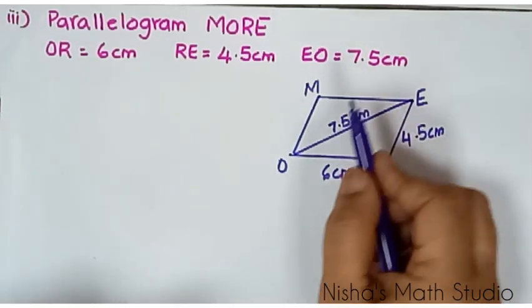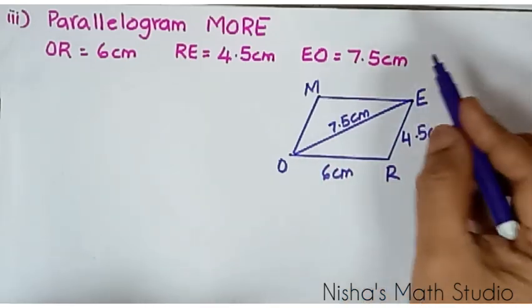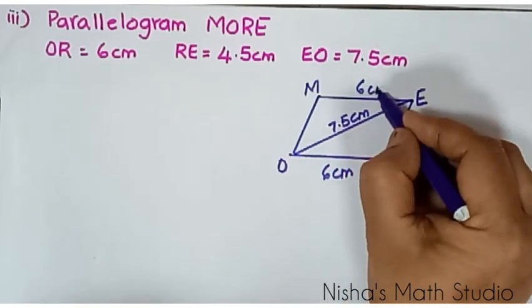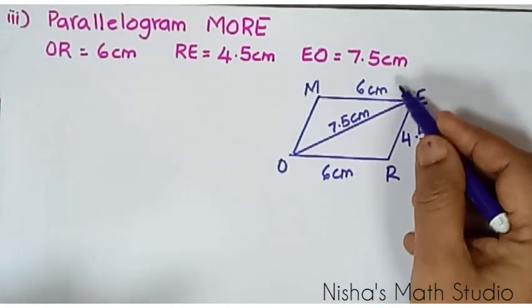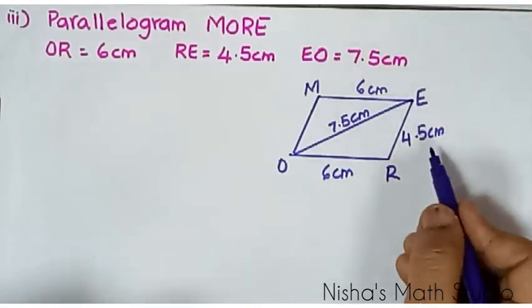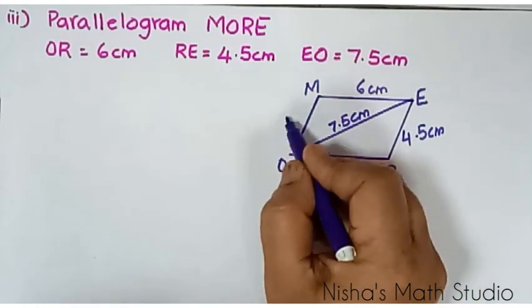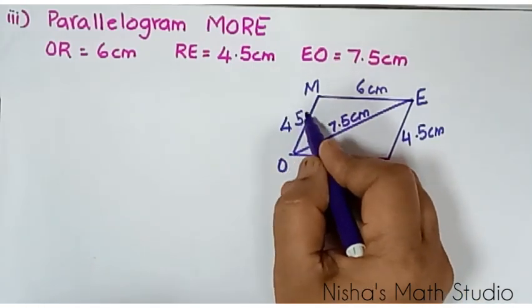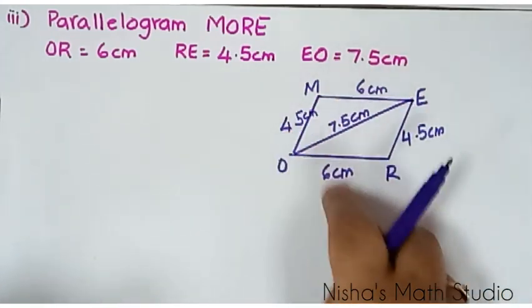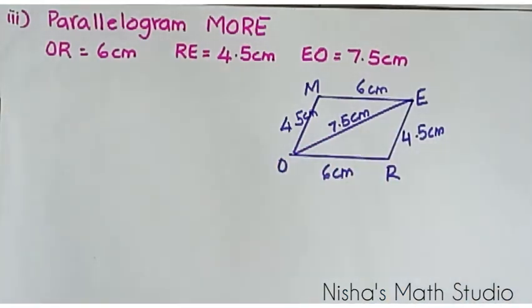Once I know OR, the measurement of ME will also be 6 cm. This is because opposite sides of a parallelogram are equal and parallel. If RE is 4.5, then MO is also 4.5 cm. So I have 4 sides and 1 diagonal. We'll draw the actual quadrilateral.